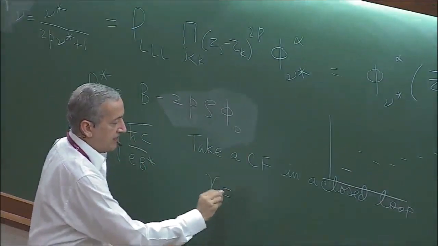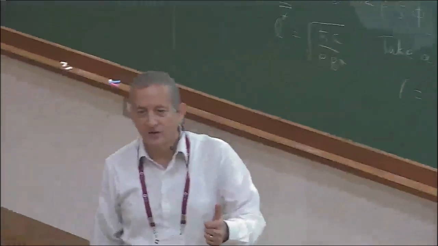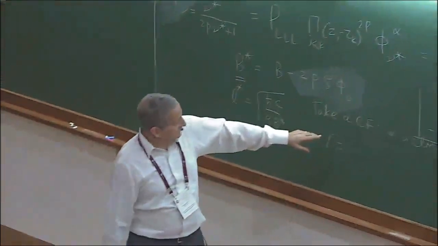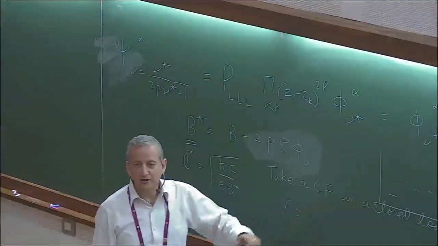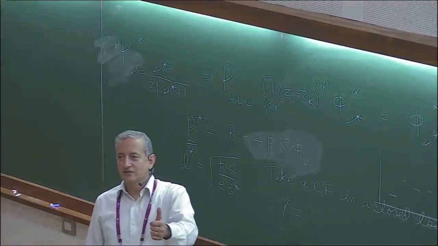Okay, when I'm taking a composite fermion in a closed loop, I'm taking an electron and 2p vortices in that closed loop. When I take an electron in a loop, it just gives me the Aharonov-Bohm phase.